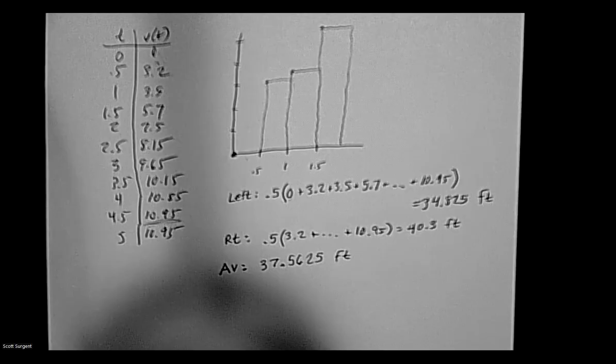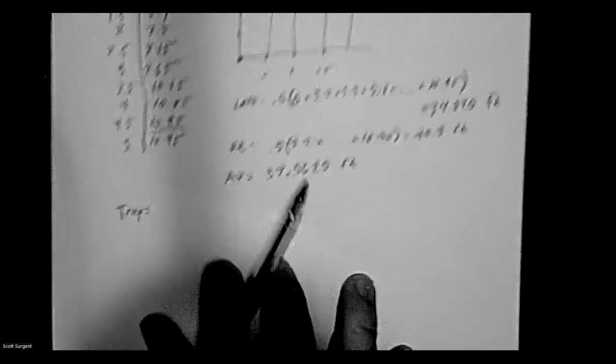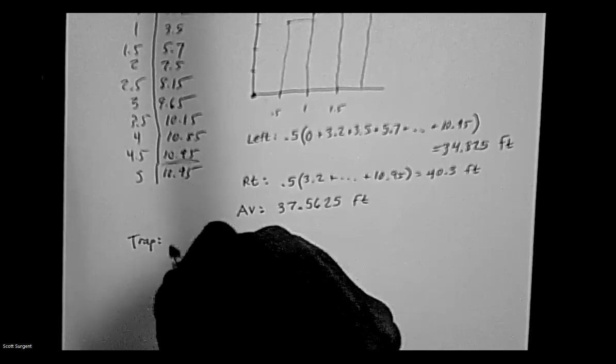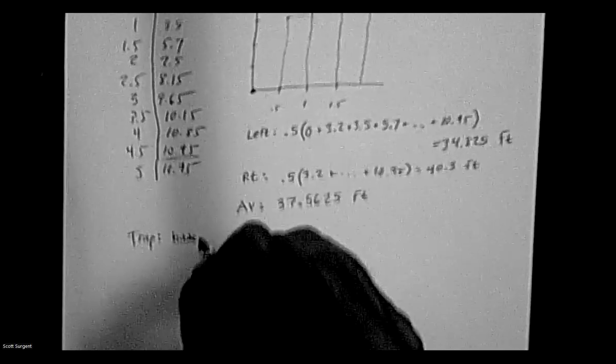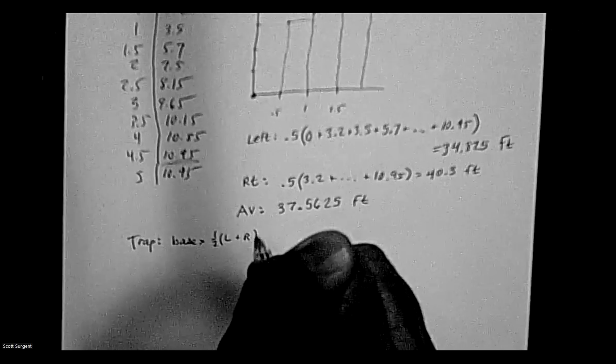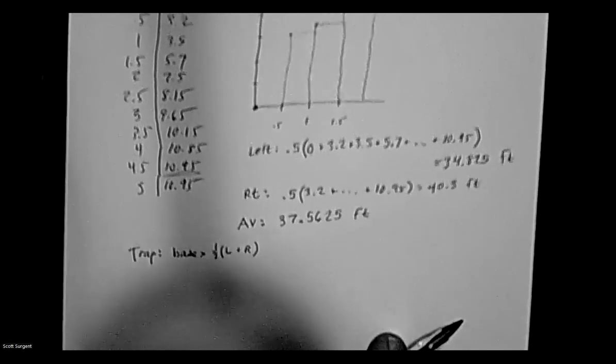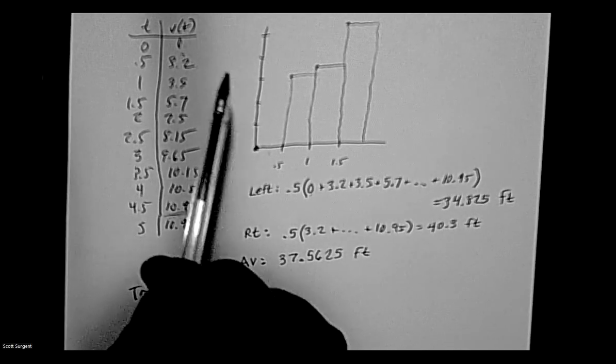For trapezoid, let's do that one. Basically the area of a trapezoid is the base times 1/2 the left height plus the right height. So it's the average of the left and the right. And you know what, I'm looking at this one, we're actually going to just end up repeating the same value.